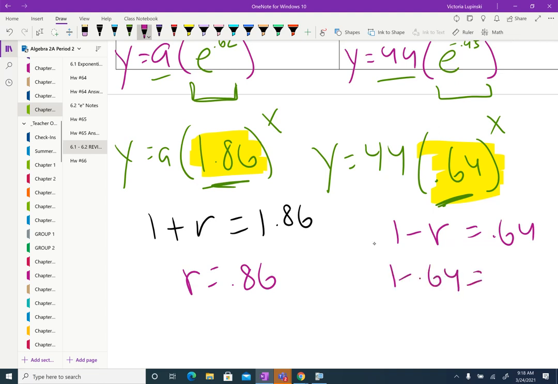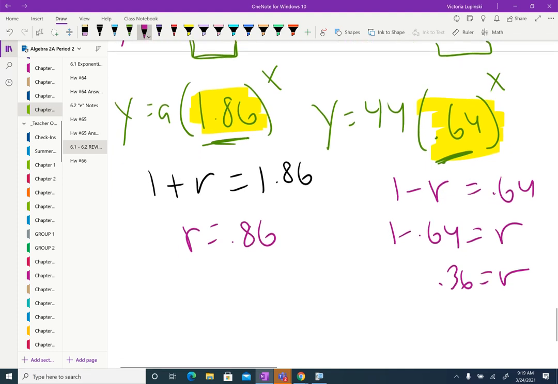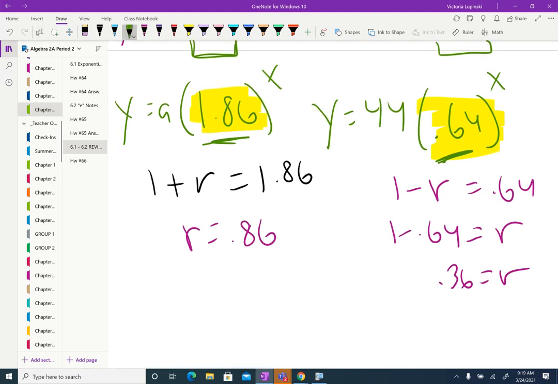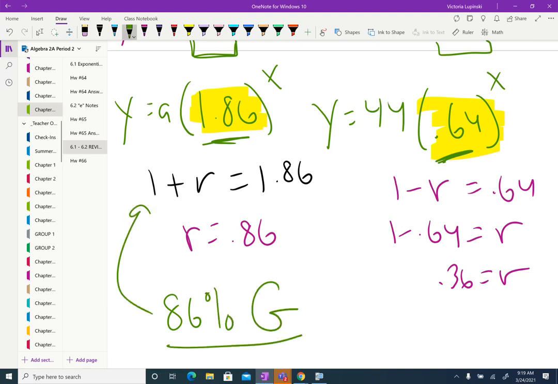Subtract the 0.64 to the left and add the r to the right, and you're going to get 0.36, which means your final conclusion is that on the left, it's 86% growth. Why growth? Because it's bigger than 1. And on the right, it's 36% decay. Why decay? Because it's less than 1.